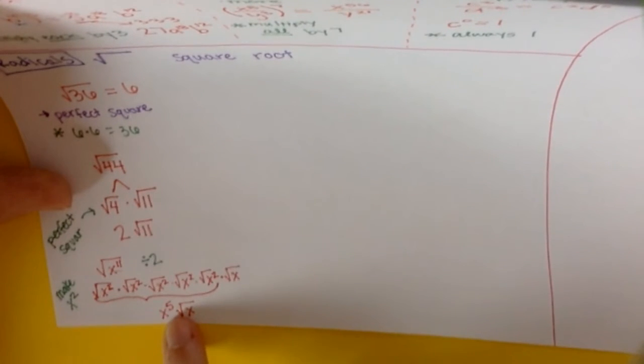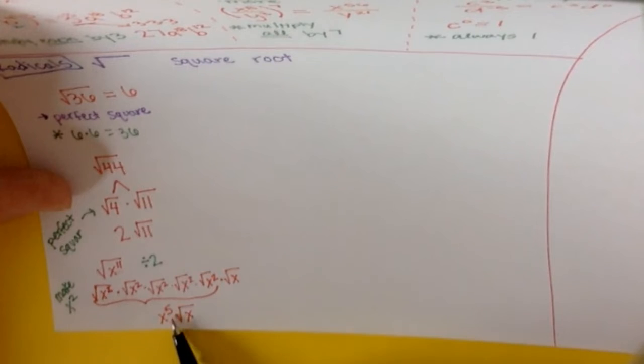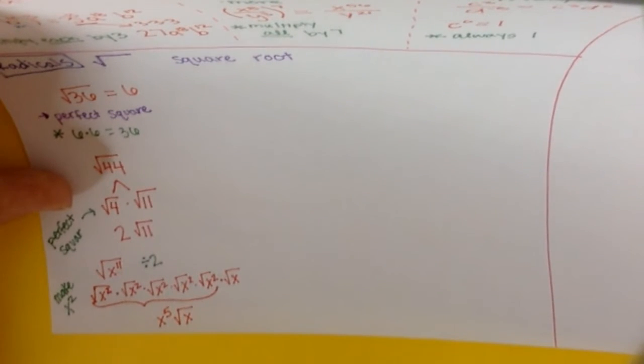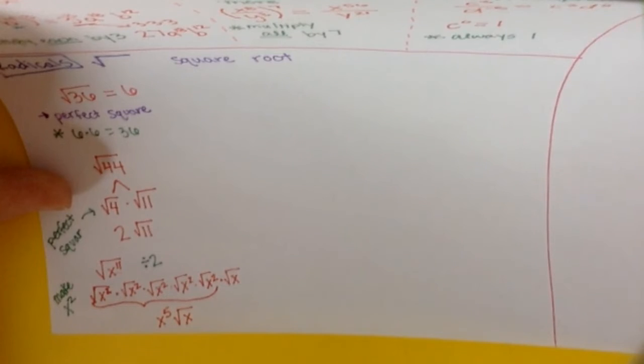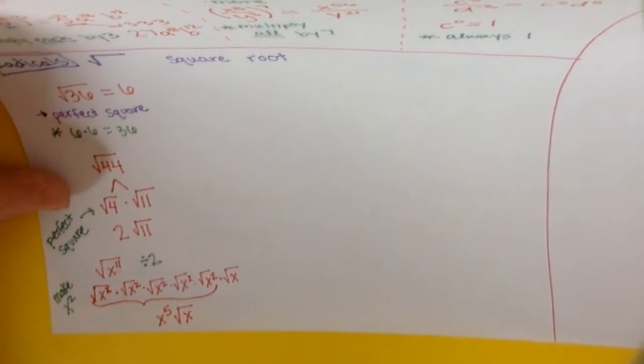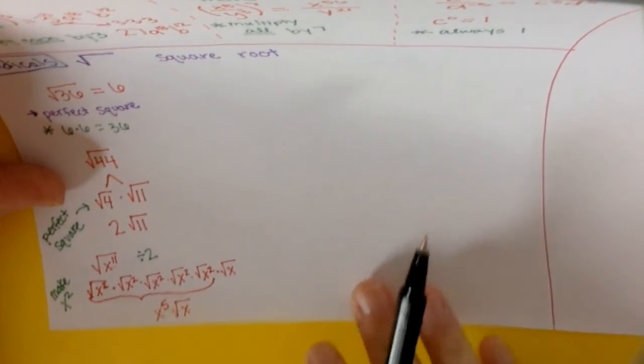So these ones I can combine because they have that same square root of 13. But when I combine them, what numbers will I actually add together? The 3 and 9. Good, the 3 and the 9.